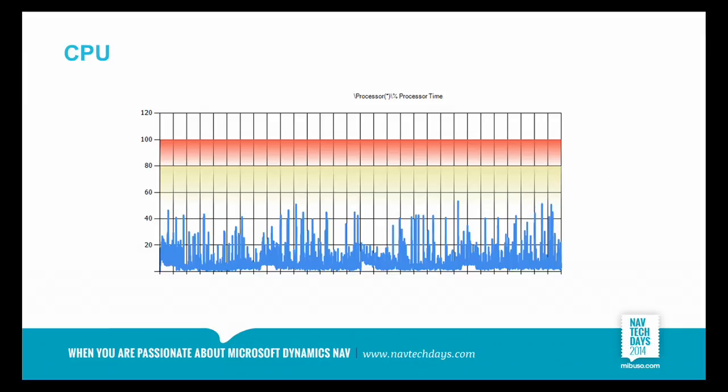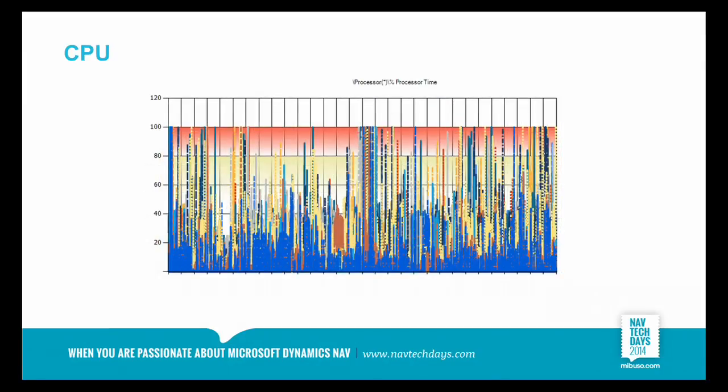But this is the average among all the total CPUs. I think that in this box it was 8 or 10 CPUs. And now if we look into this on a core level, then we see that every single core frequently hits this red area and is fired up to 100%. And this is exactly what we want to have.